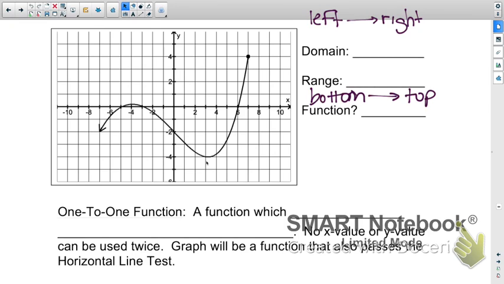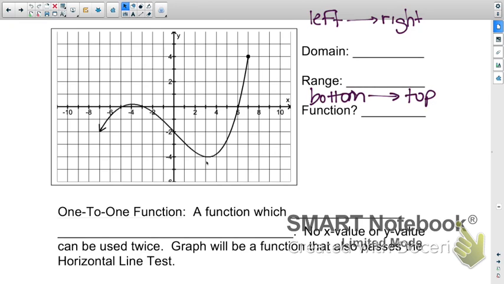All right, so for my domain on this one, if I follow that graph all the way to the left-hand side, I see an arrow. What does that arrow mean? It keeps going and going and going, which means my domain is going to start in notation as what?